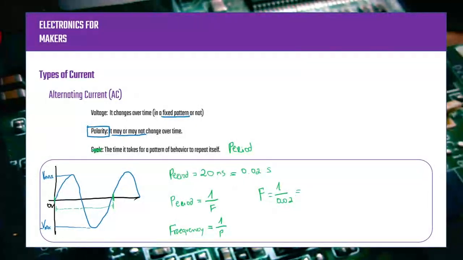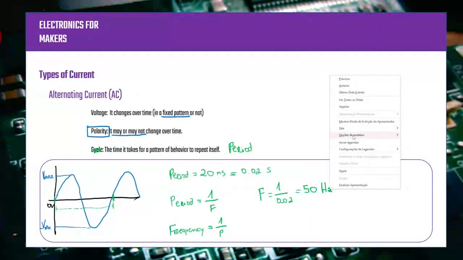It's going to be 50. So this means that if a period takes 20 milliseconds to repeat itself, in 1 second it will have happened 50 times. We have a unit for the frequency. We call it Hertz, Hz.